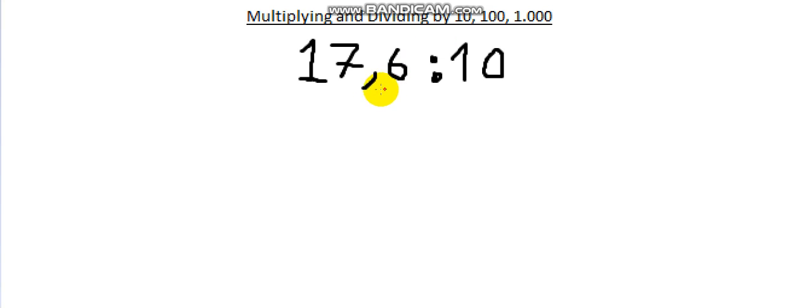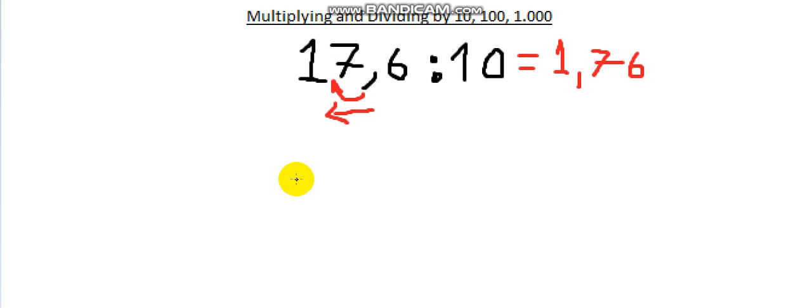Here, again, the comma will go to the left, because I'm dividing instead of right as before, because we were multiplying before and went to the right. Now that we're dividing, it goes to the left. How many places? Since there's one 0 here, it's going to go left 1 place. So it's going to come here, between the 1 and the 7. So my result will be, let me rewrite it, 1.76.